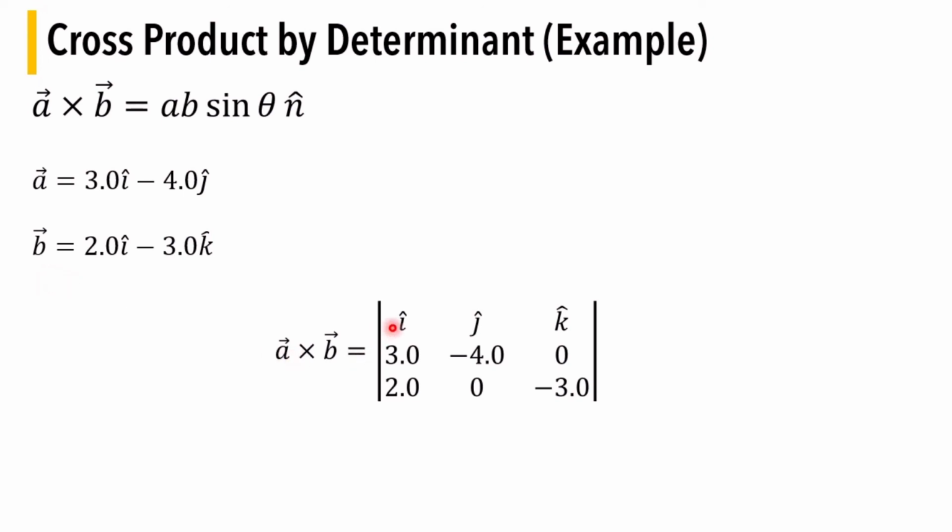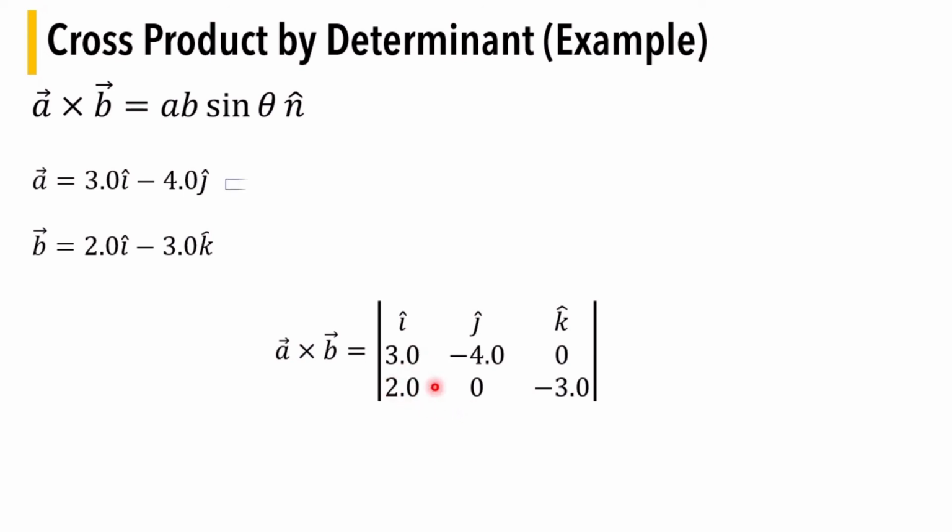So the first row will be i, j and k, and the second row will be the coordinates of vector a: 3, minus 4 and 0, because it does not have a third coordinate along the z-axis. And the third row is the coordinates of vector b. Vector b's coordinates are 2 i plus 0, because it does not have a j or y component, and then minus 3, like this.